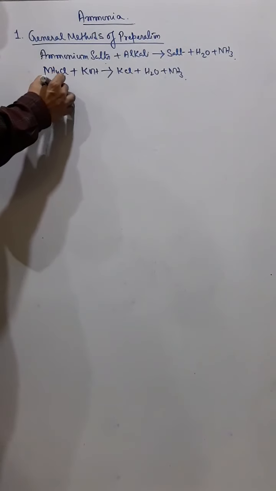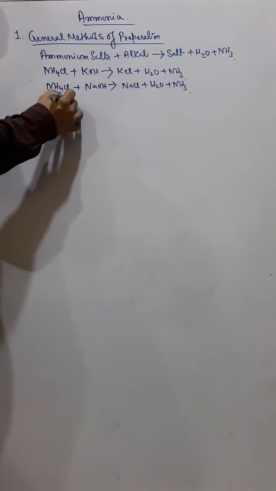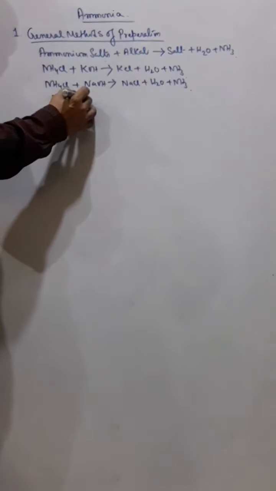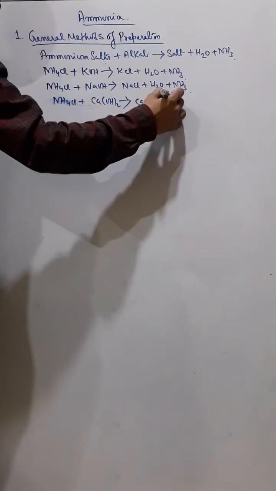Now if you take NH4Cl plus NaOH, you will get NaCl plus H2O plus NH3. You can also take NH4Cl and calcium hydroxide. So you will get calcium chloride plus water plus ammonia.